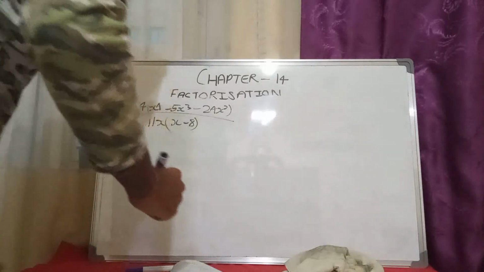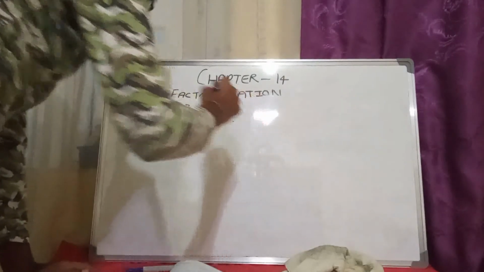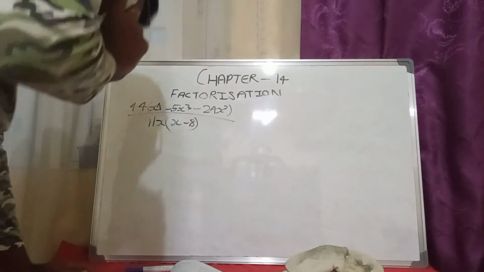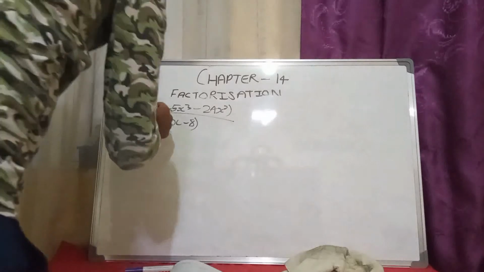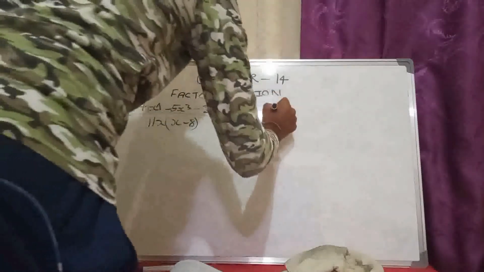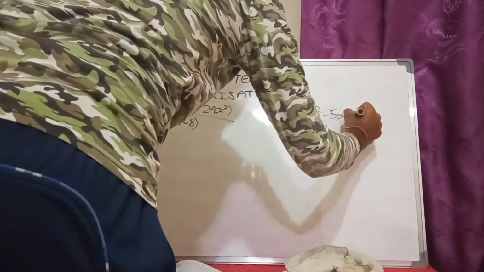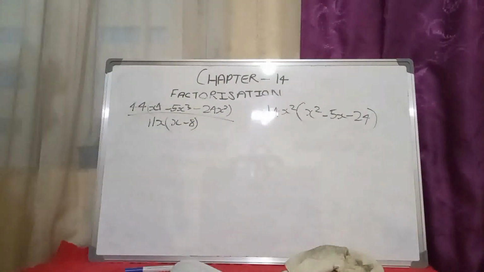Here the common factor is x square, so it will become 44x square into x square minus 5x minus 24. So we get it like this.